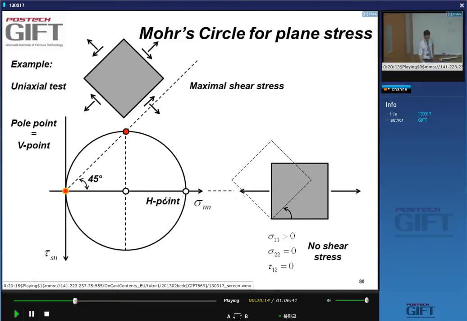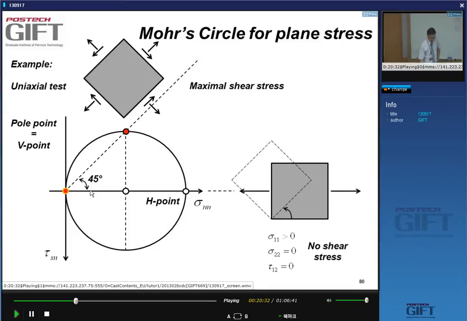So this is the value of the stress in the x direction. In the y direction, it's 0, so I'm here, and there are no shear stresses to take into account.